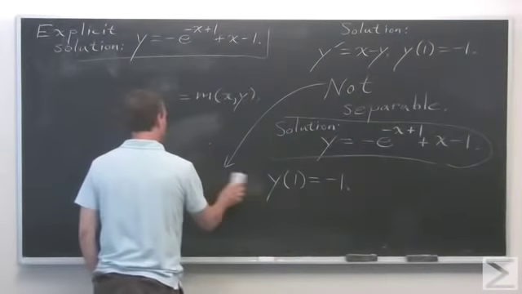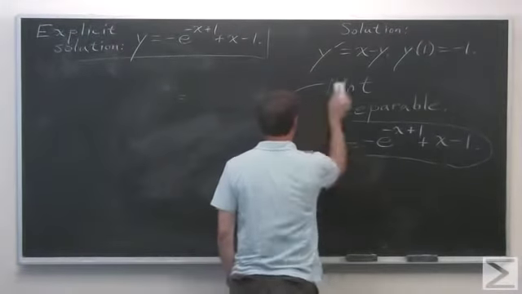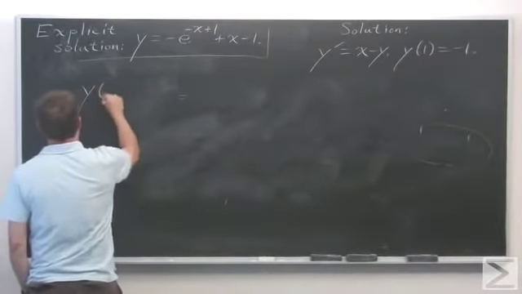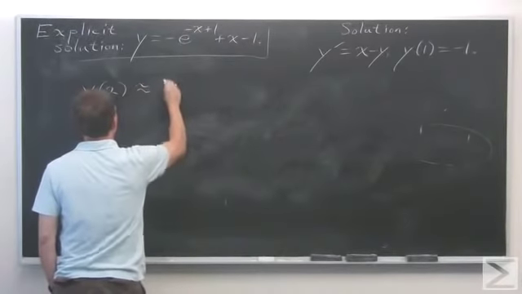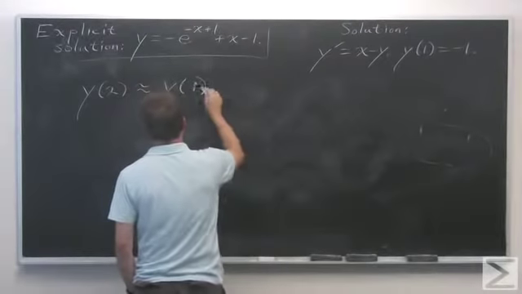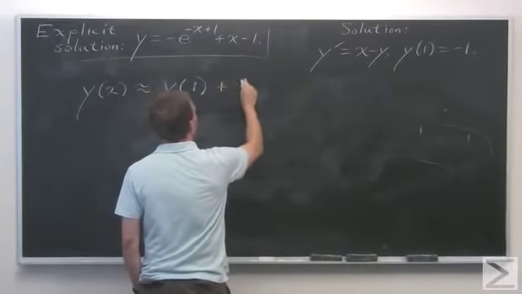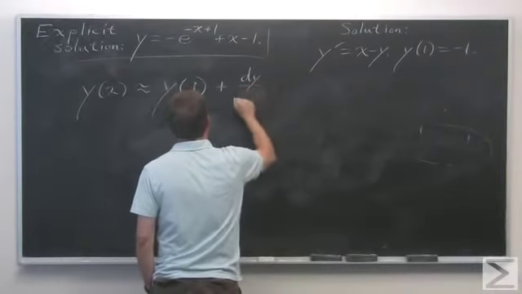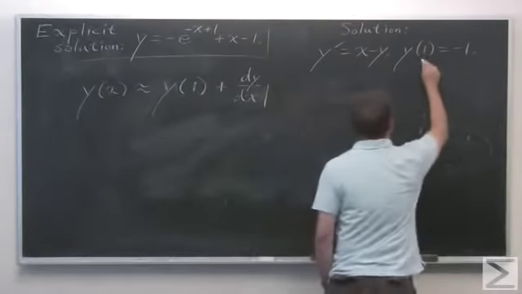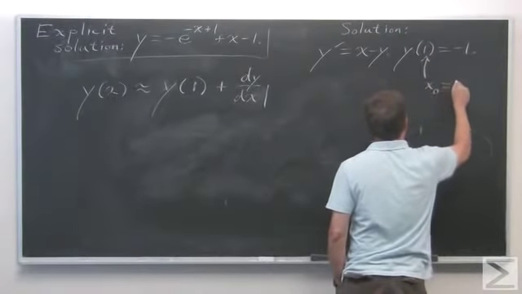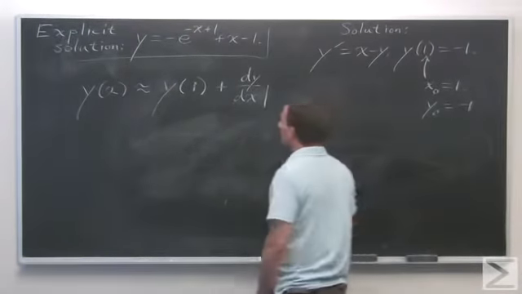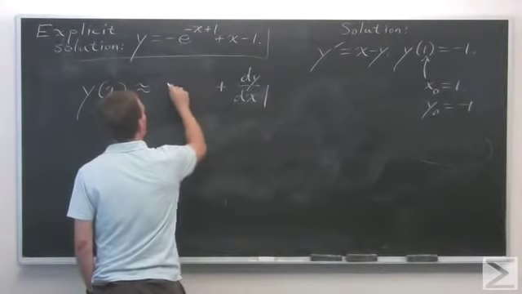That's easy to verify. But what do we get from linear approximation? Well, we get the value of y at 2 is approximately the value of y at 1, so that's y naught, plus dy/dx. I'm using that x naught is 1, and y naught is minus 1.